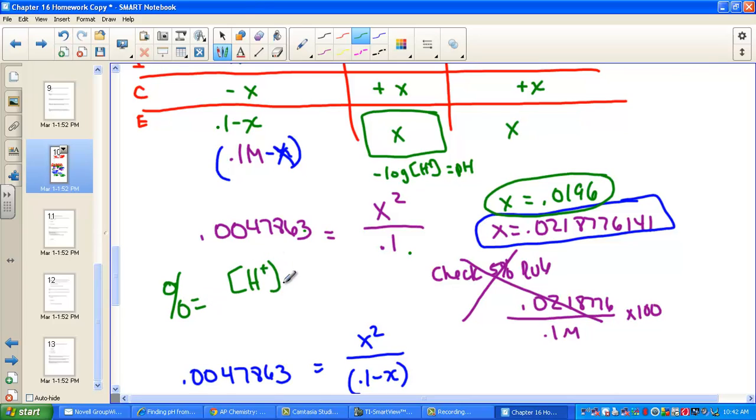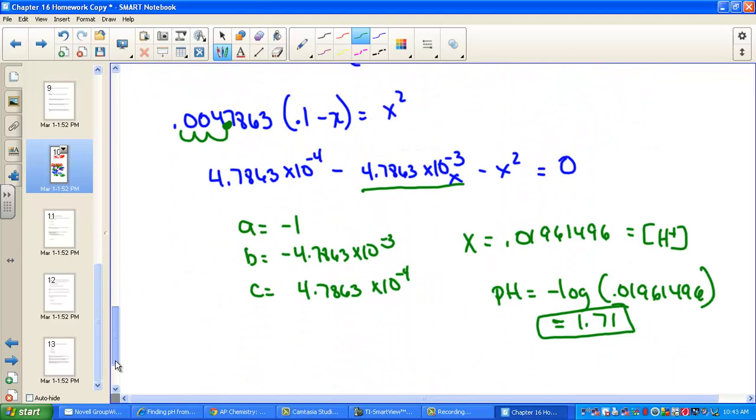What's the concentration of the hydrogen ion at equilibrium compared to the initial concentration of the molecular acid, expressed as a percent? That's what I did here. Calculated value of x at equilibrium divided by the initial concentration of the acid. It was far too large to assume the 5% rule. So we had to back up and use the quadratic equation. pH of saccharin at those conditions, 1.71.